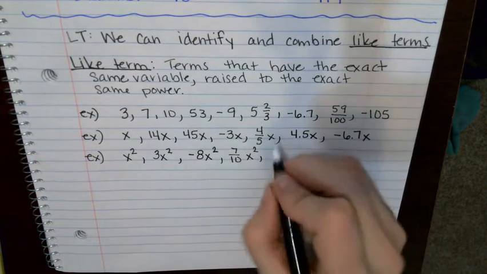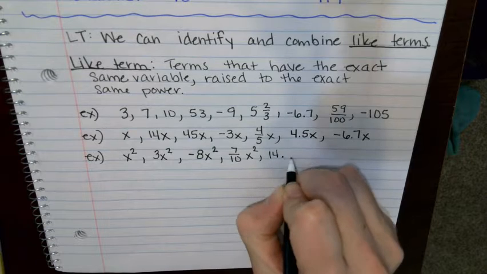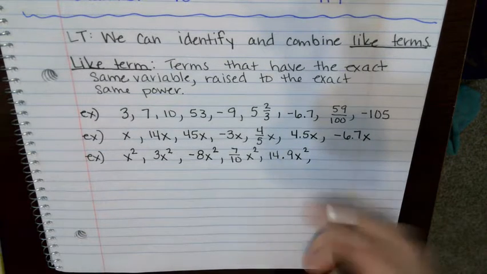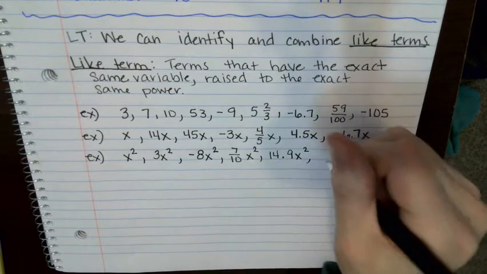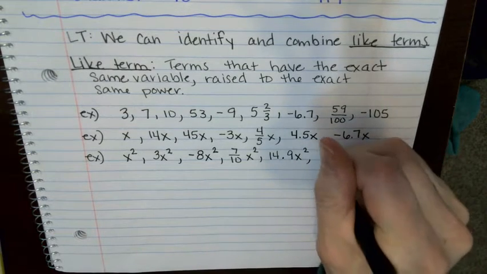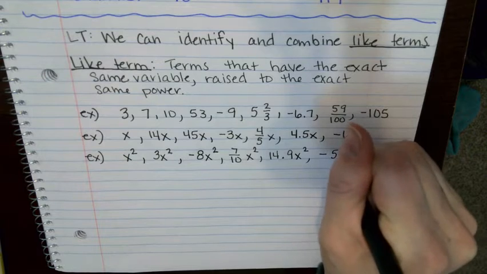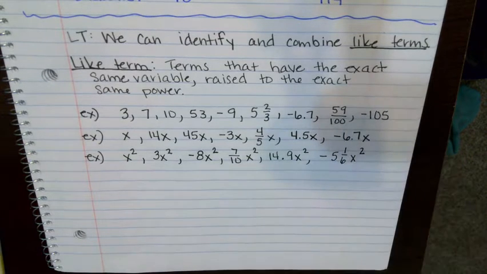You could have a decimal, 14 9/10 x squared. You could have a negative mixed number or decimal. How about negative 5 1/6 x squared?